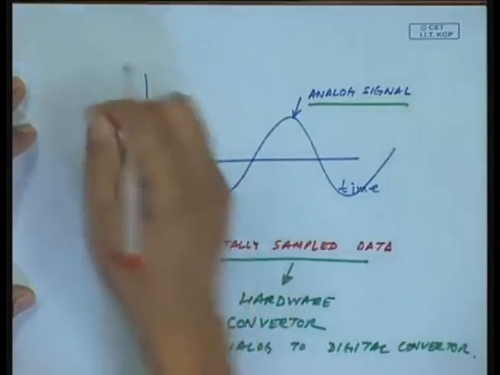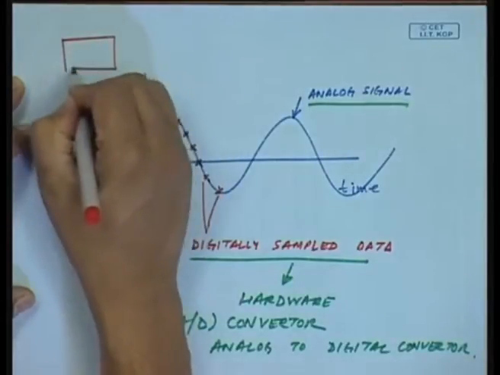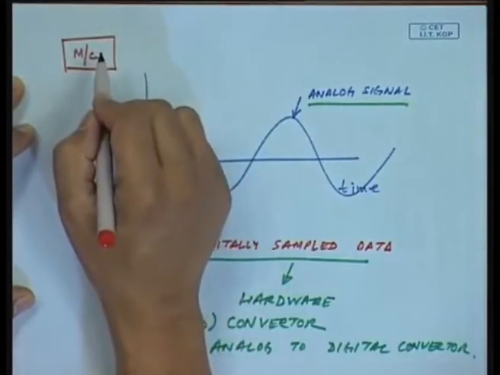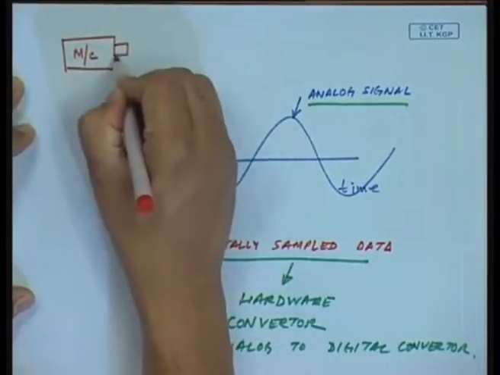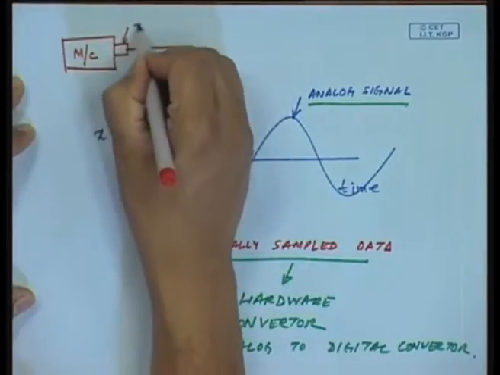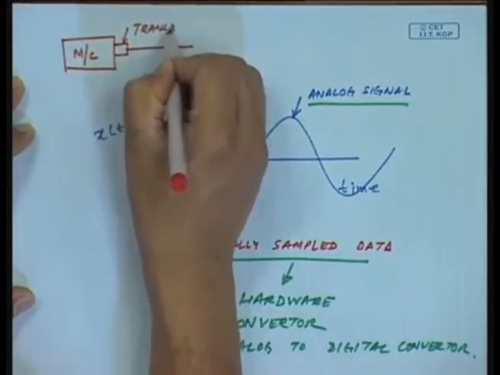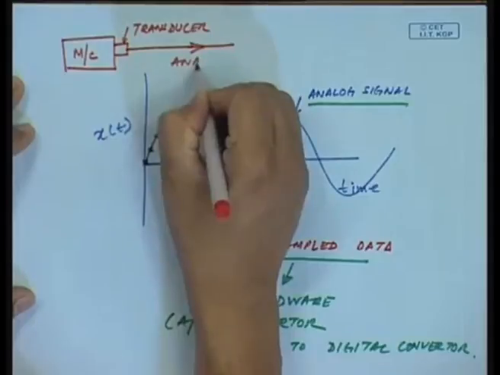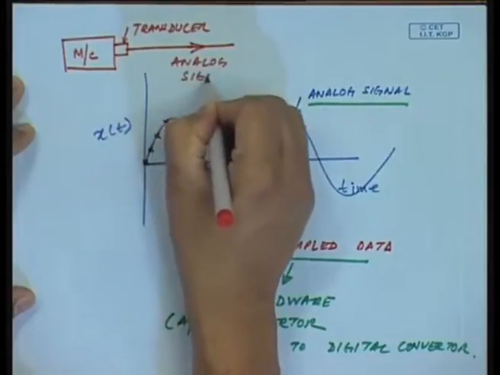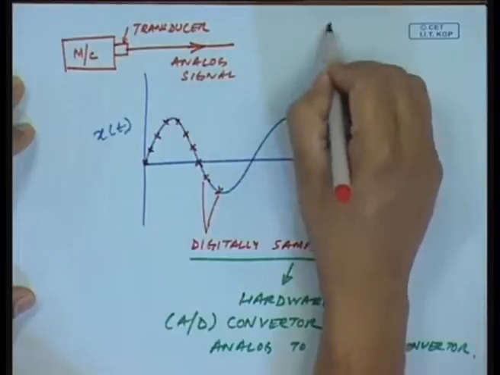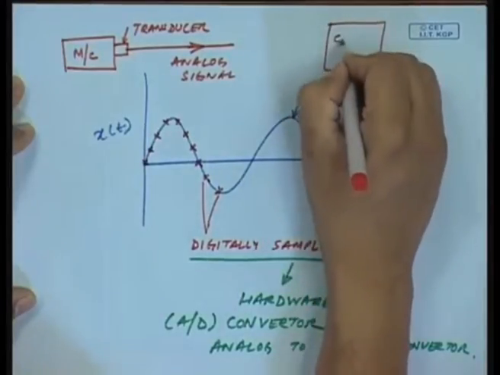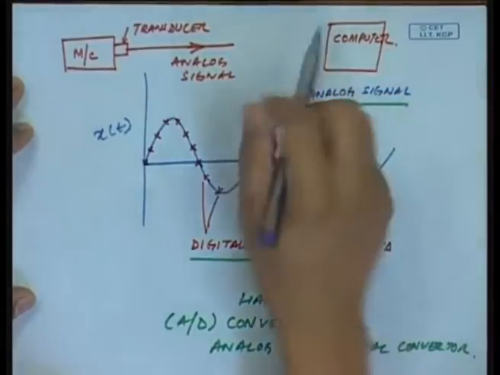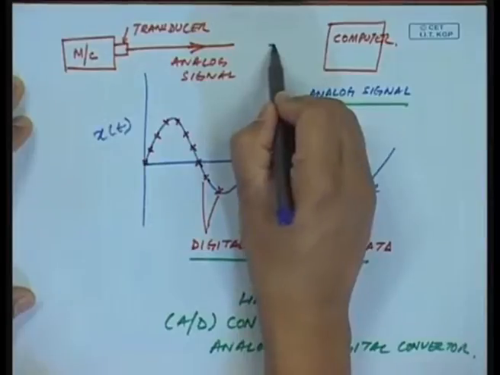Because if I draw back your attention, we have our machine, and as you will realize, our primary objective in this course is to find out the health of this machine. So, on this machine, if I put a transducer, I will get an analog signal, and to do any analysis on this analog signal, I have to have a computer, but this computer does not understand analog signal.